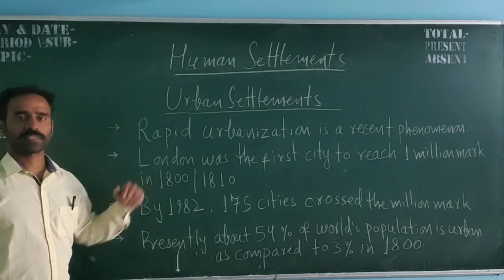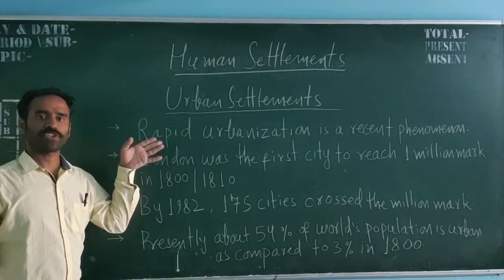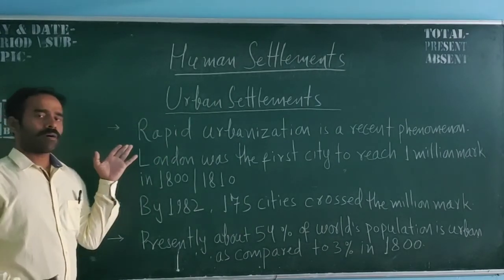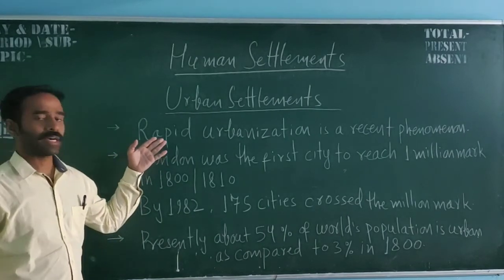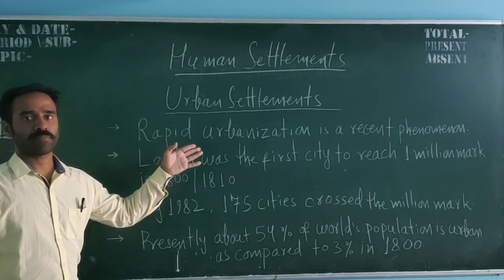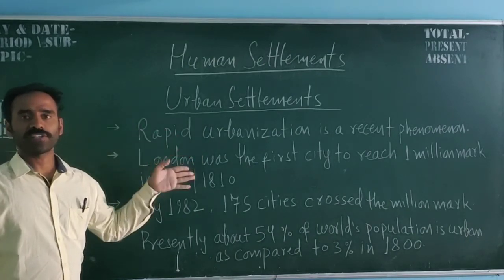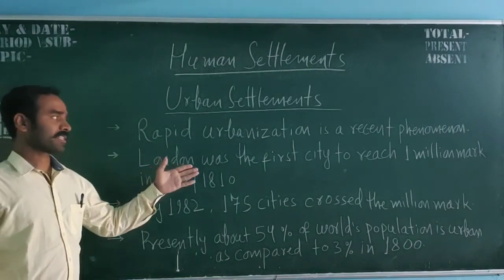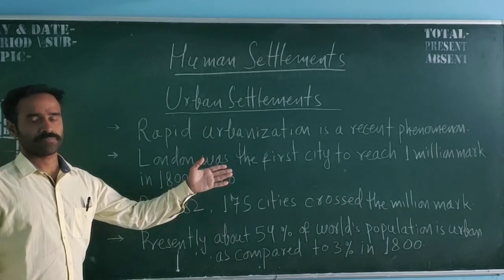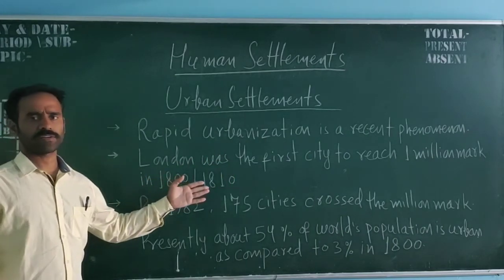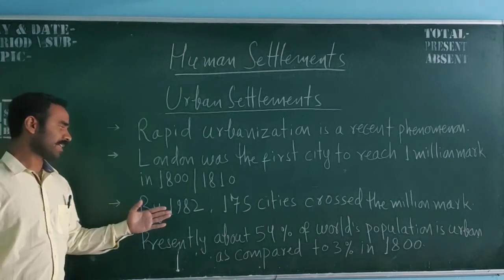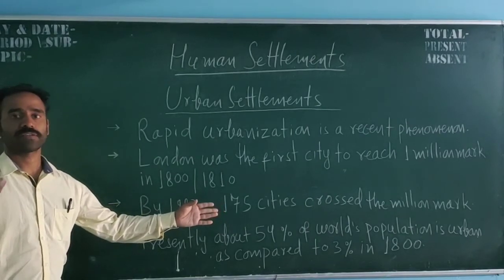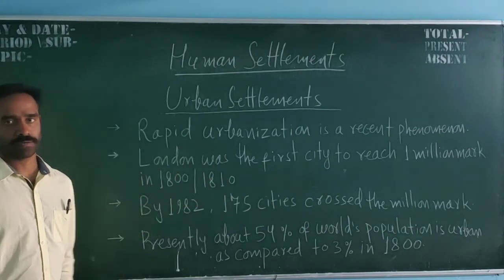The urban settlements. I have earlier explained the criteria for classifying the urban settlements. Now you must understand that rapid urbanization is a recent phenomenon of the 20th and 21st century. London was the first city to reach the 1 million mark in 1800 or 1810. By 1982, there were about 175 cities that crossed the 1 million mark.